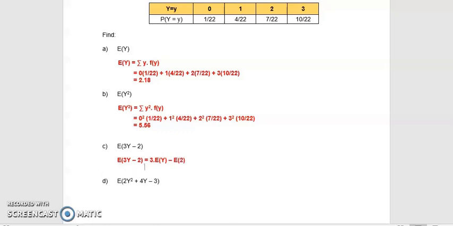So 3 multiplied by E[Y] from just now, 2.18, minus E[2], which is 2, since the expected value of a constant is the constant. So 3 multiplied by 2.18 is 6.54, minus 2. So 6.54 minus 2 is 4.54.